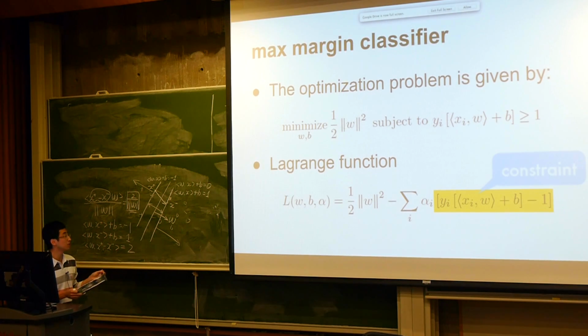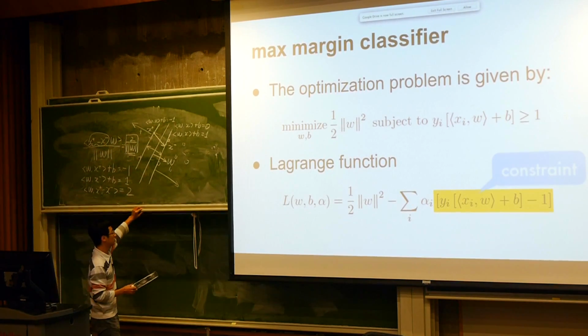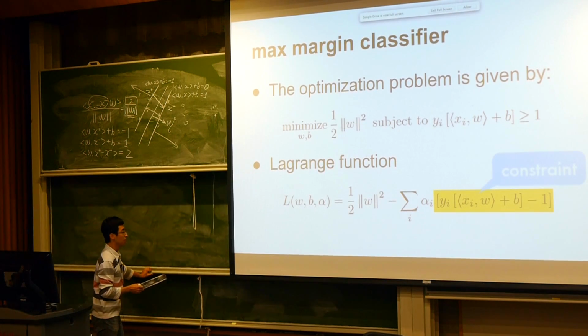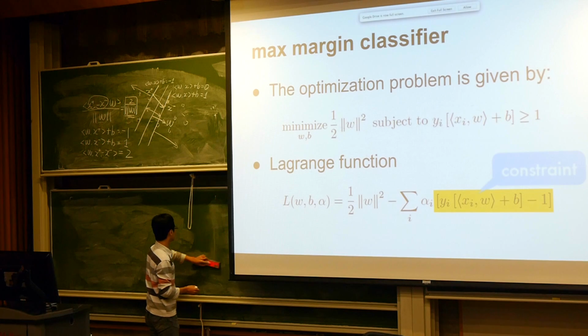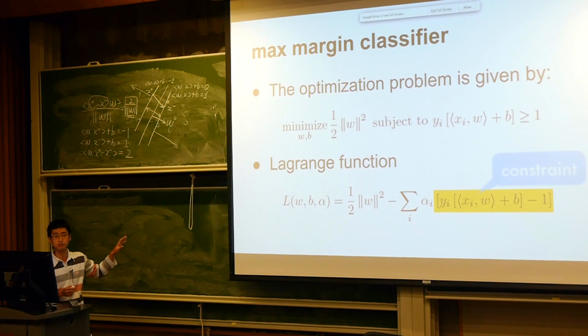But before that, we need to study some properties of this optimization problem. This requires some optimization knowledge, but I will briefly introduce the idea here. Basically, to study this optimization problem, we study the Lagrangian function.